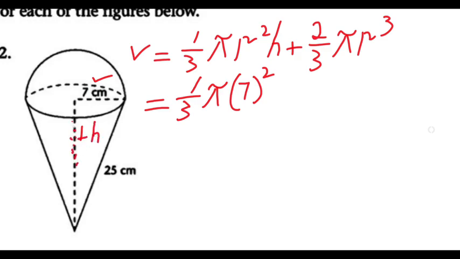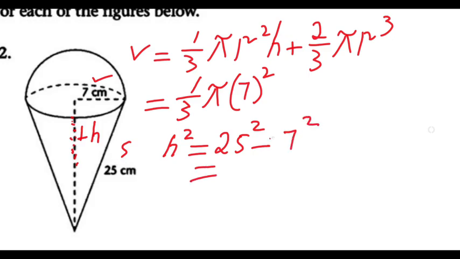We got the slant height, but we don't have the perpendicular height, so let's find the perpendicular height first. So h squared is equal to the slant height, the longer side, squared, minus the shorter side, 7 squared, and that will give me 576.